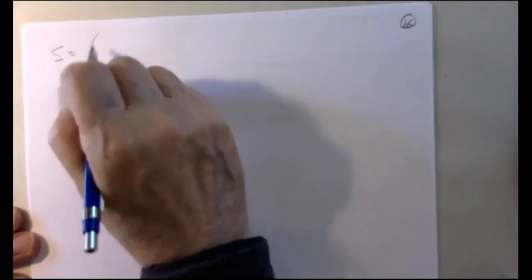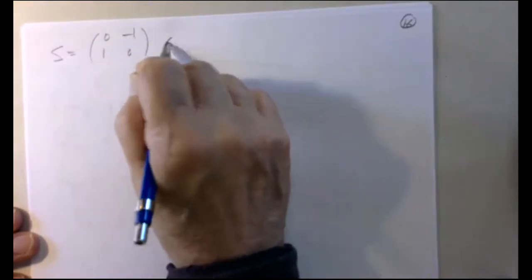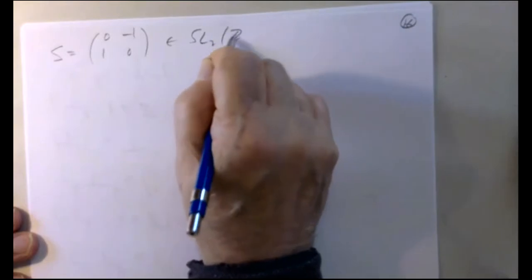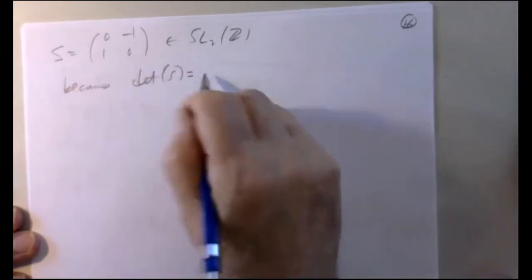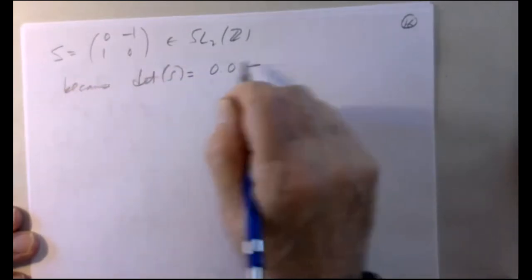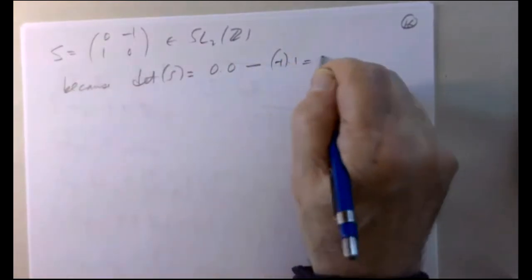Let's look at another example of a matrix in SL2Z. It'll be the matrix S equals 0, minus 1, 1, 0. That's in SL2Z because the determinant of S is 0 times 0 minus this product, minus 1 times 1, which is 0 plus 1, or 1.